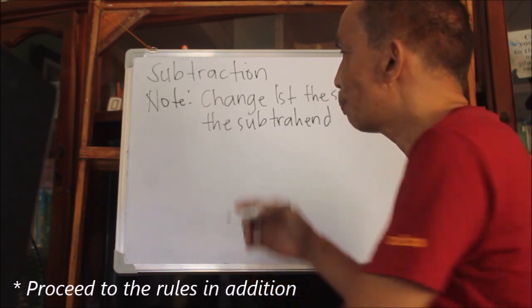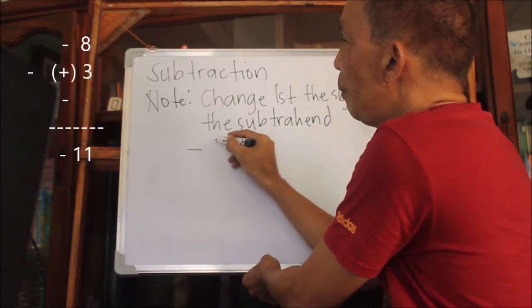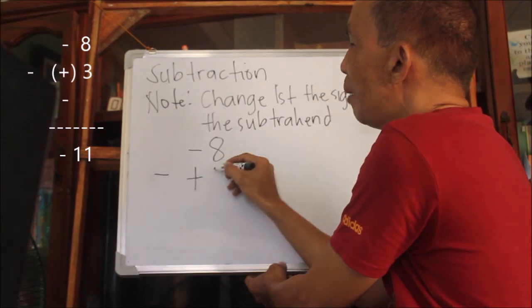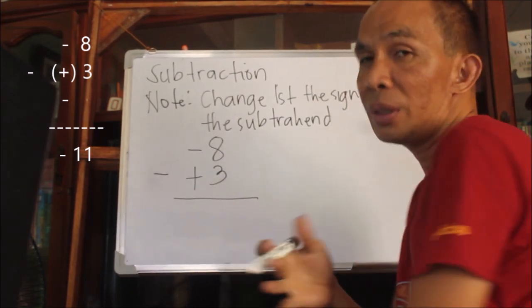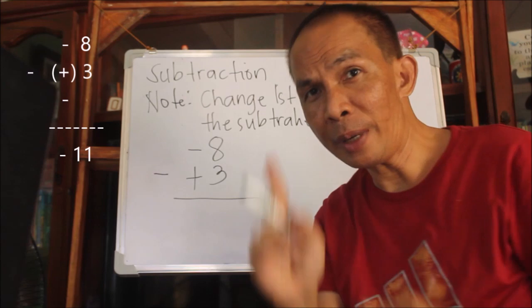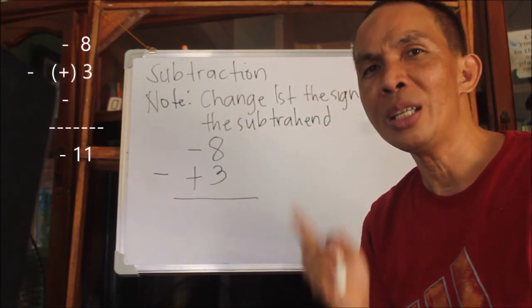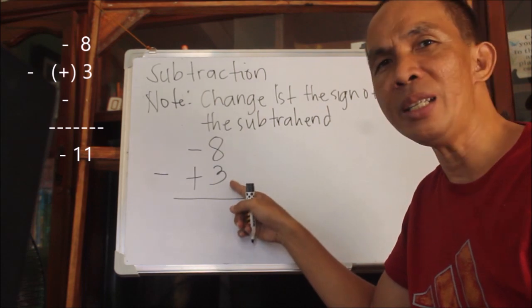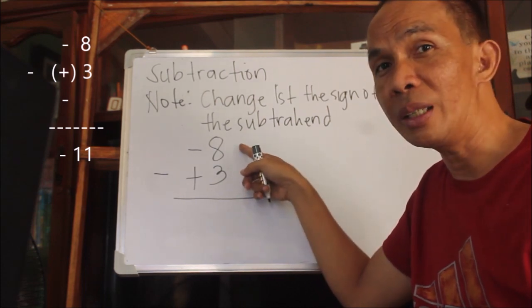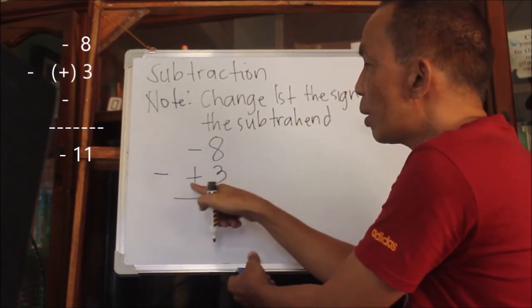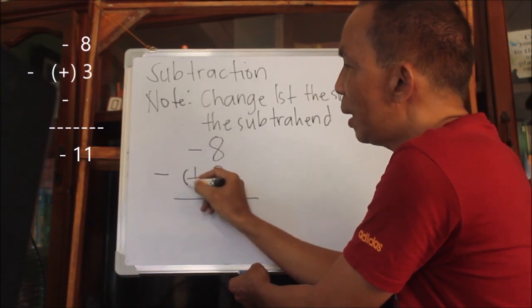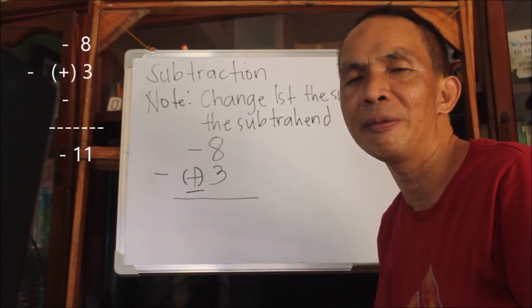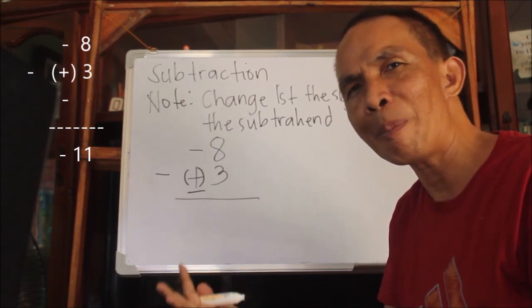For example, we have negative 8 minus positive 3. That's the given number. The first thing to do is change the sign of the subtrahend. This is the subtrahend and this is the minuend. So change the sign of the subtrahend, which is positive 3. The positive will become a negative sign. Then simplify.